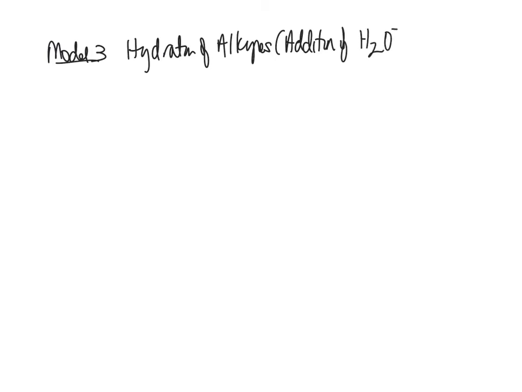So we're going to add water to our alkyne, and our reagents are going to be mercury, they say acetate, but it's actually mercury sulfate and sulfuric acid is one of the reagents.